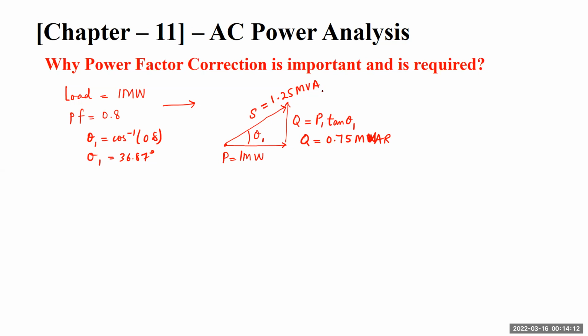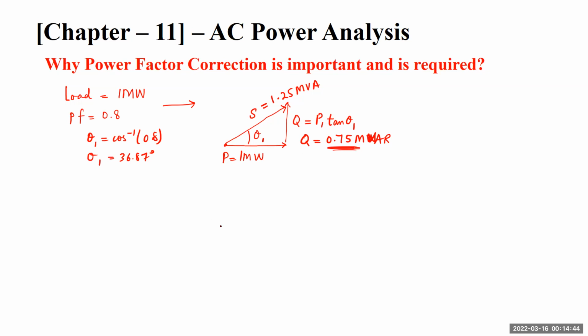Out of the power supplied by this generator, you are only able to utilize 1 megawatt for useful purposes, but you also have unutilized power, that is 0.75 megavolt ampere reactive. This is a huge amount of reactive power that is not utilized.